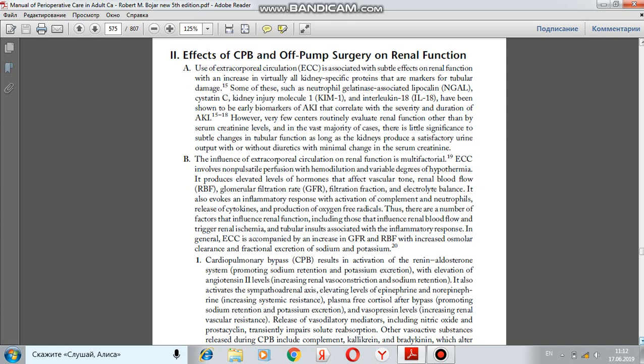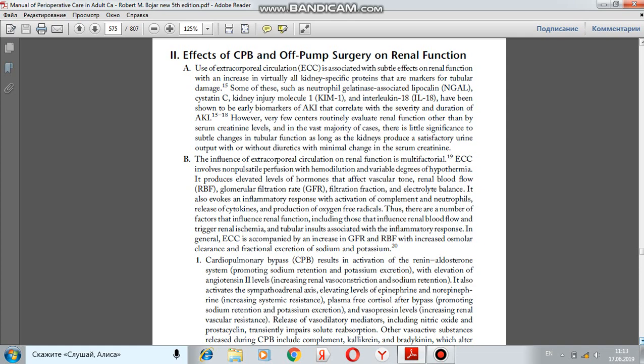However, very few centers routinely evaluate renal function other than by serum creatinine levels, and in the vast majority of cases, there is little significance to subtle changes in tubular function as long as the kidneys produce a satisfactory urine output with or without diuretics, with minimal change in the serum creatinine.